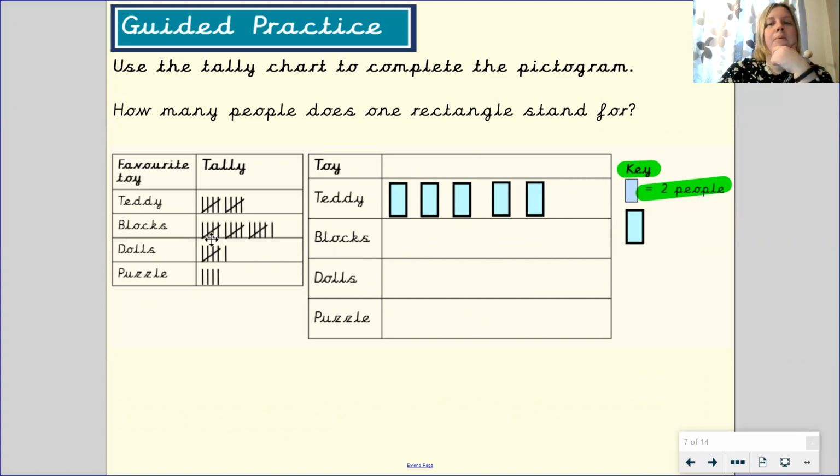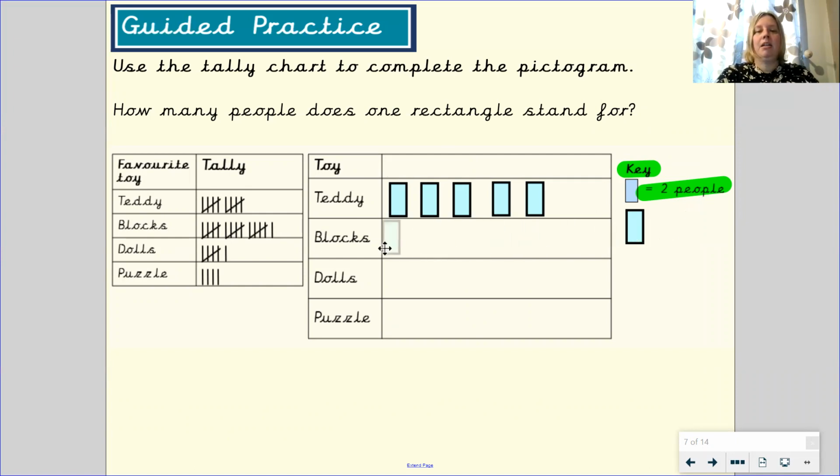Count with me. Remember, 5, 10, 15, and 1 more. Remember the key, a rectangle makes 2 people. So we need to count in twos up to 16.